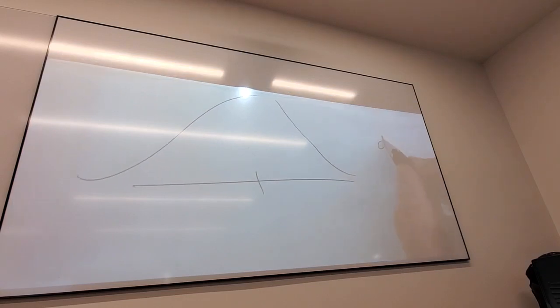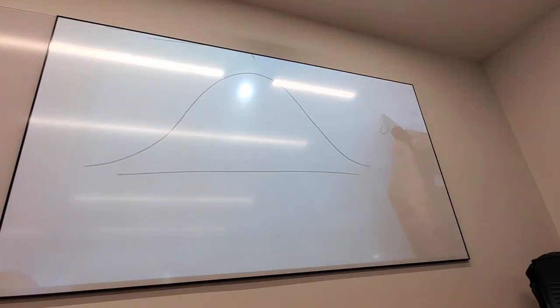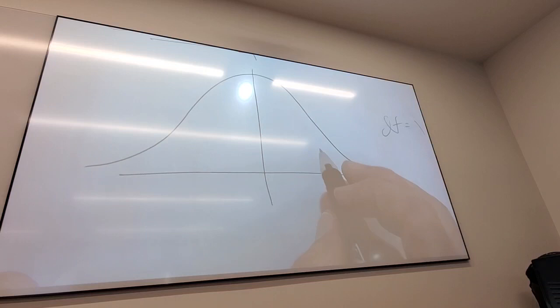What the chi-square distribution really is, and the reason it has a square on it that you cannot remove, is because for degrees of freedom of 1, it takes a normal curve and folds it on itself.